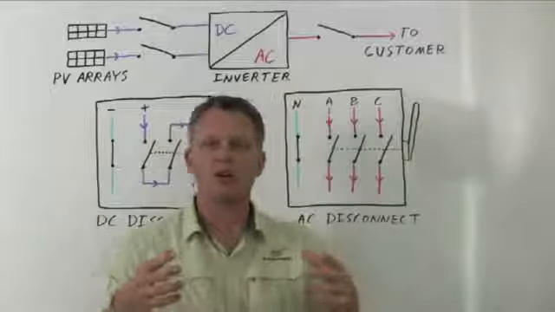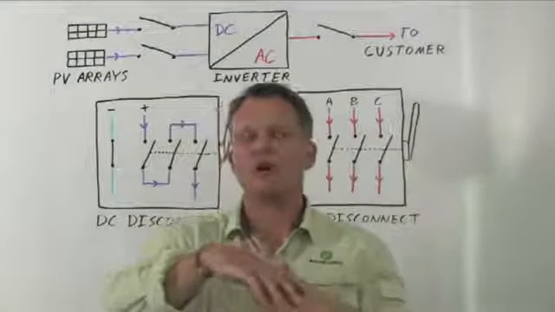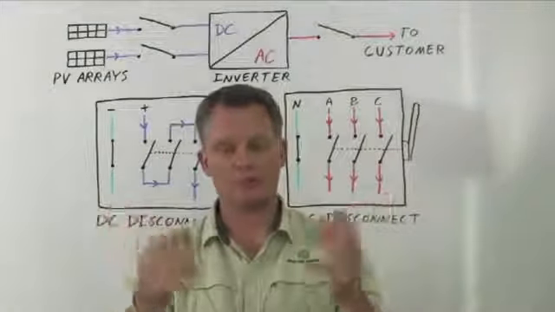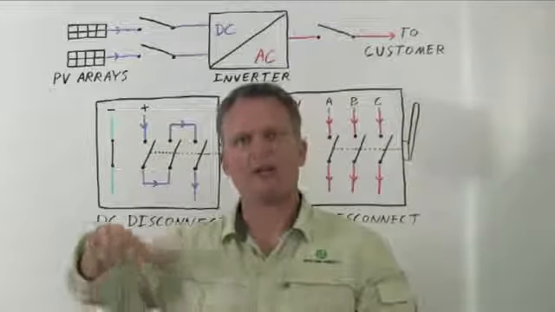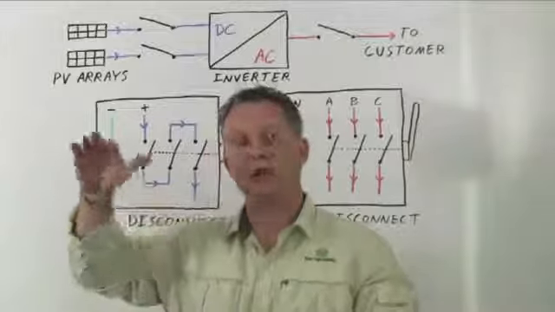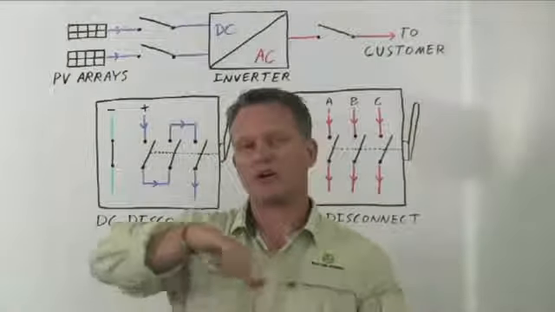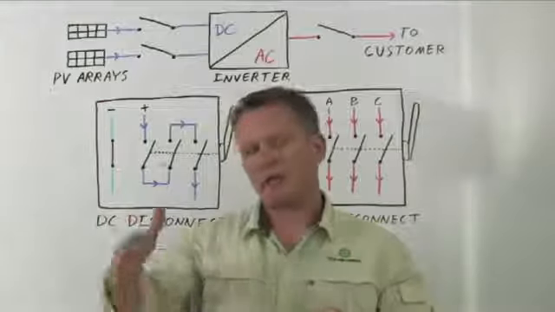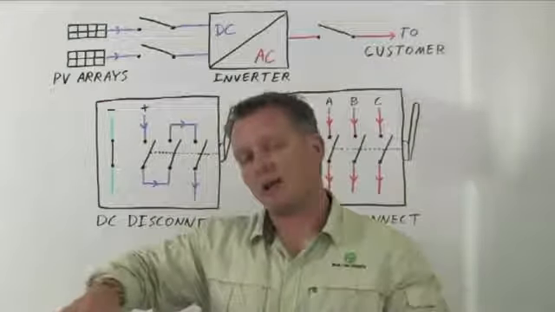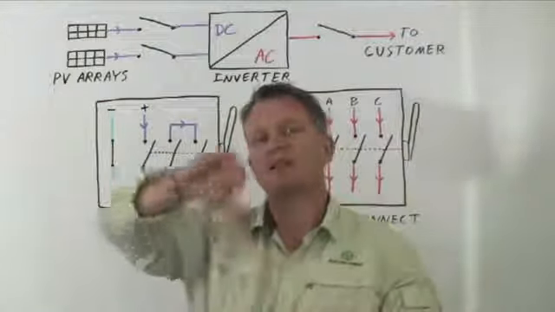Now, in an AC current situation, those arcs extinguish very quickly on their own. The reason for that is the cyclic behavior of alternating current. We're all familiar with the sine wave, right? The alternating current goes up, peaks at the top of a positive value, goes down, peaks at a low value, a negative value, and goes back up. It's cyclic.